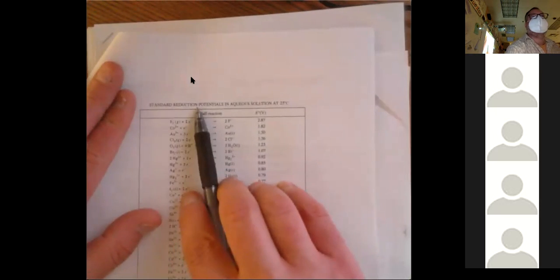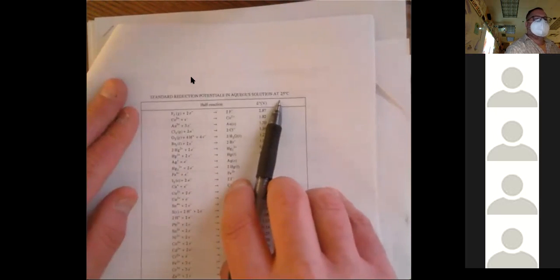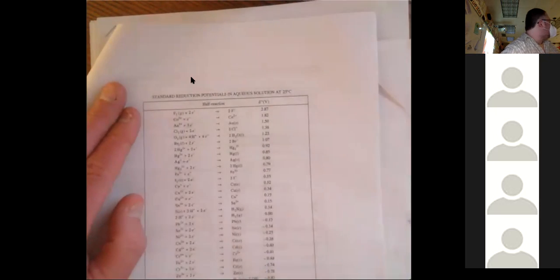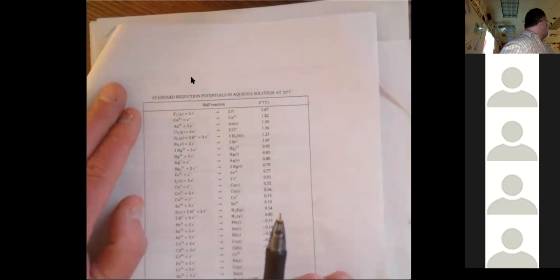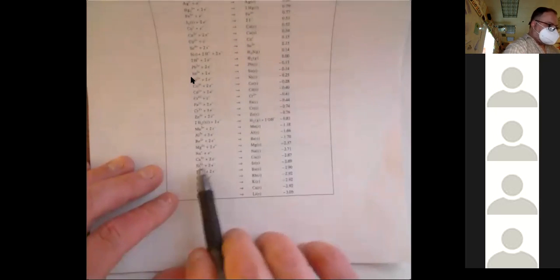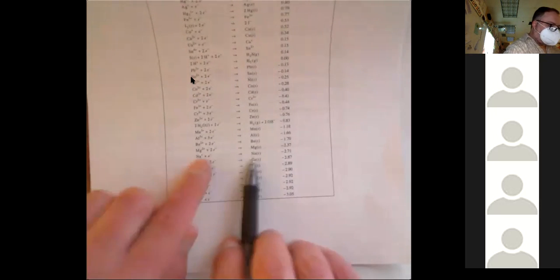This says this is standard reduction potentials in aqueous solution at 25. So these are standard reduction potentials. In our case, that was actually not reduced, it was oxidized. So all we would have to do to make this an actual oxidized potential is we flip it.